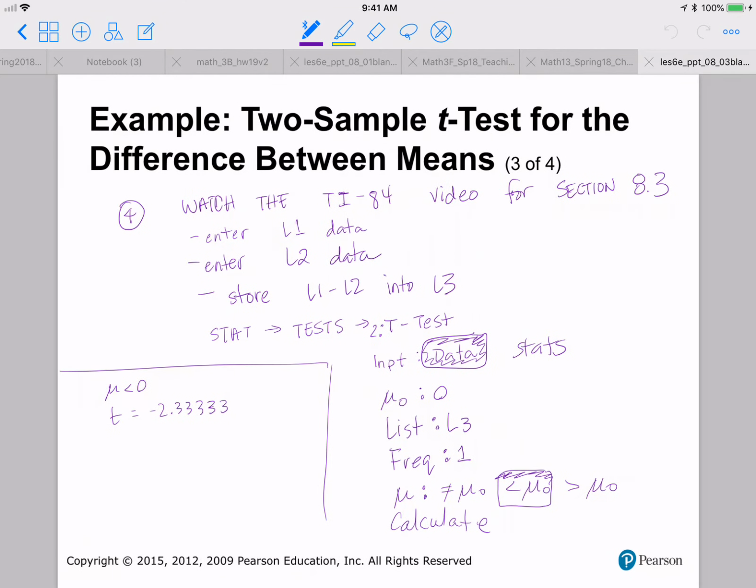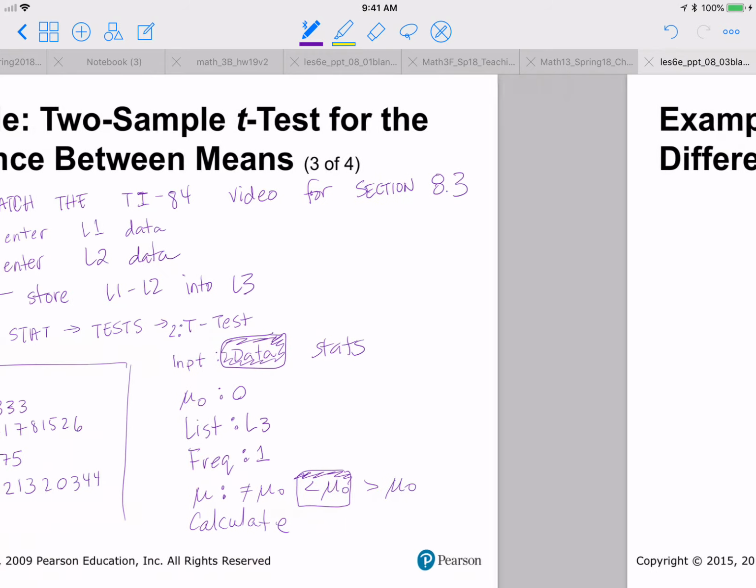The p-value that I got is 0.0261781526. My x-bar is negative 1.75. My Sx is 2.121320344. N equals 8.